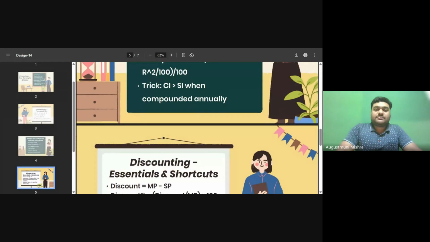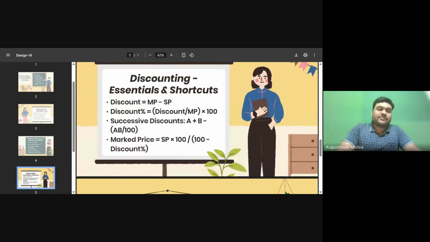Then there is another topic we are going to discuss, that is discounting. Whenever you are buying a product, you get discounts. Market price minus selling price is the discount. Then to find the discount percent, you use discount upon market price into 100.